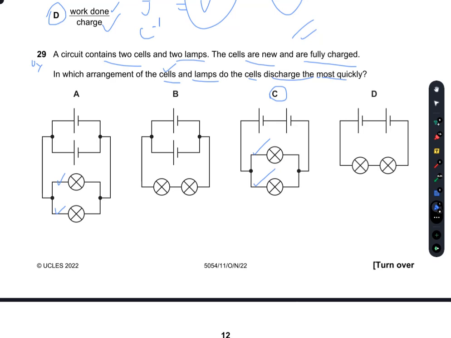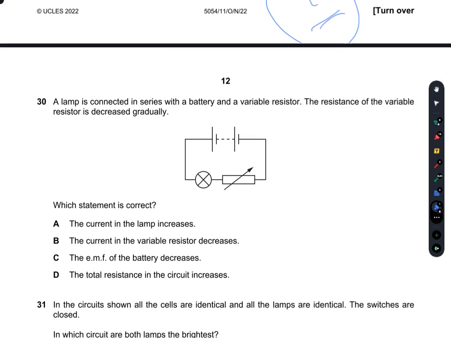Let me check this once again. So I connect the lamps in parallel so the current increases, and I attach both the cells in the series arrangement so that their voltage increases as well. So both the lamps and the cells would discharge most quickly in the C arrangement. C is the right option.